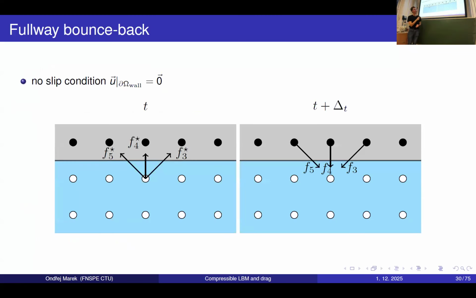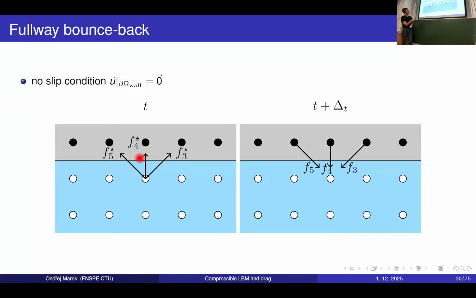So how can we implement the full-way bounce back? The boundary condition that the velocity on the wall is 0. Basically, the simplest one for the D2Q9 case.